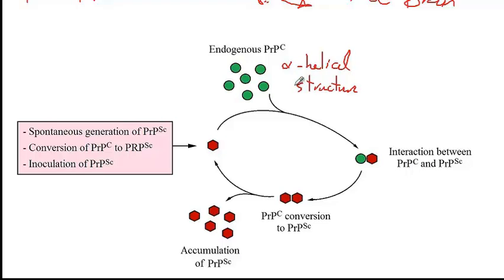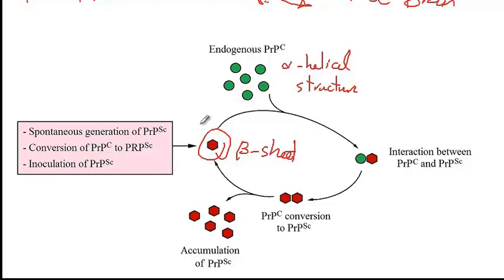However, there could be a mutation in this PrPC protein, as a consequence of which it could get converted into a protein called PrPSc, which is shown right here. So there could be spontaneous generation of PrPSc. And these PrPSc proteins have a beta sheet structure and are resistant to proteases, so the body can no longer destroy them.